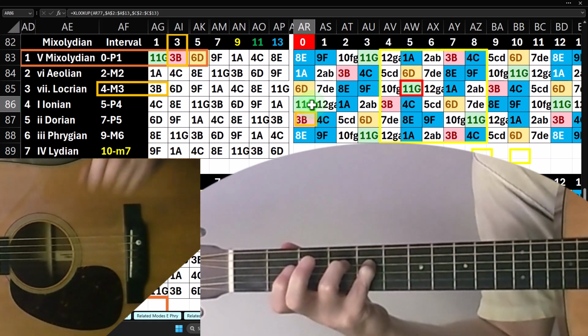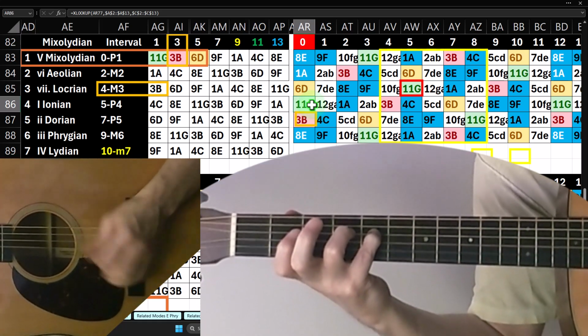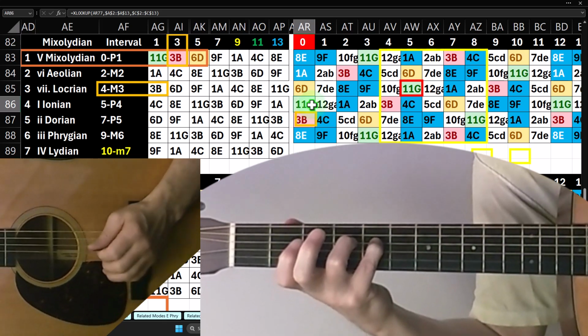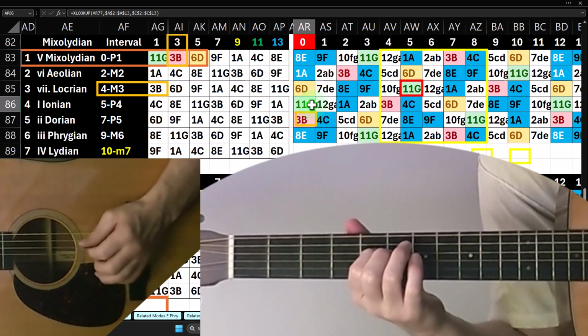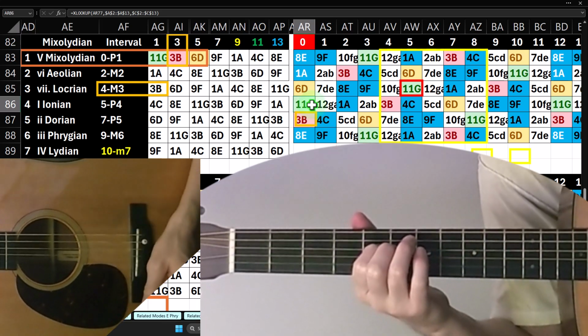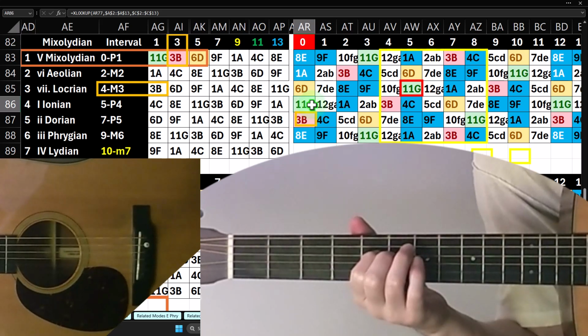So I can play all 3 of those strings. If I just hold down this G, I can pick up that third as just an open, which is interesting.